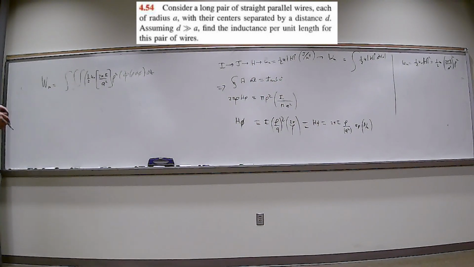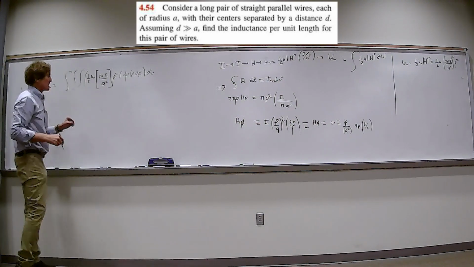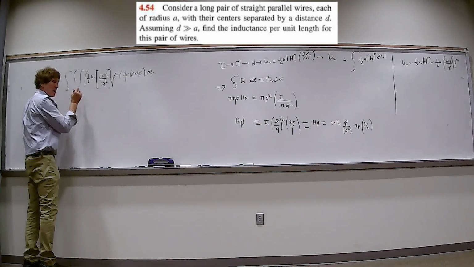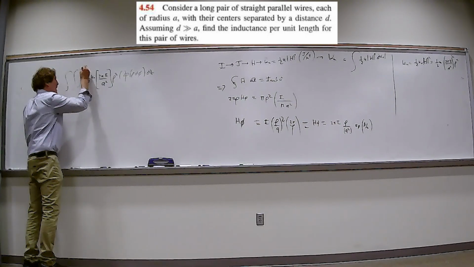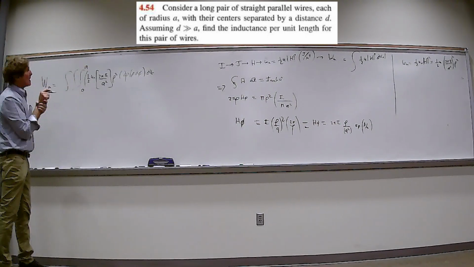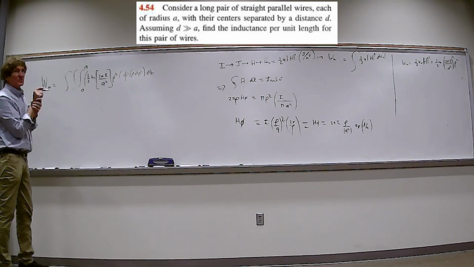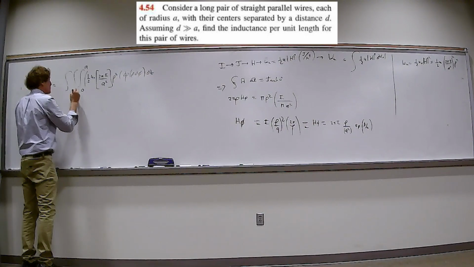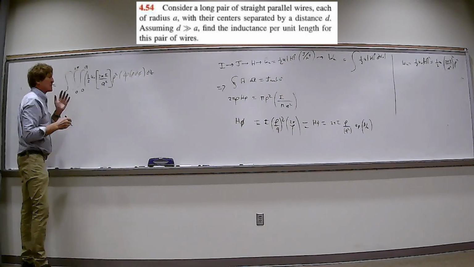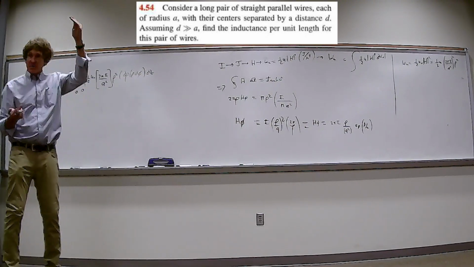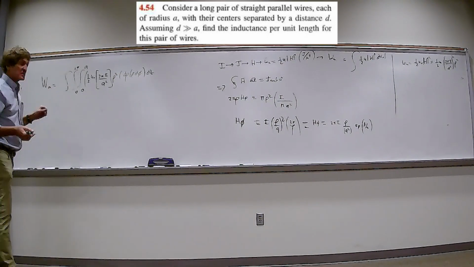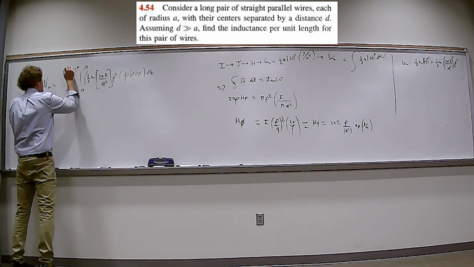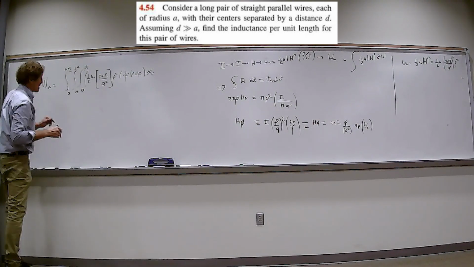All right, now we put the limits in. d rho goes from where to where? From 0 to a, right? This is inside the wire. When we talk about phi, it goes from 0 to 2 pi, exactly right. And then z is from 0 to 1. The length will be 1. This is per meter. All right, now do it.